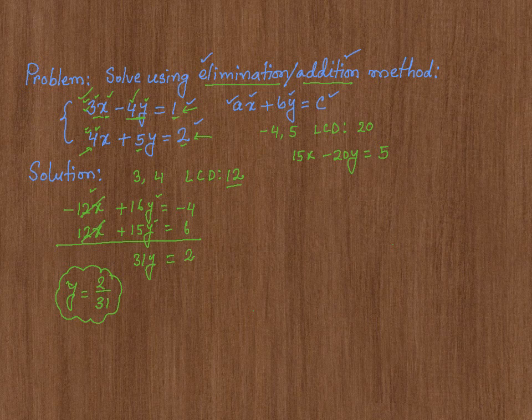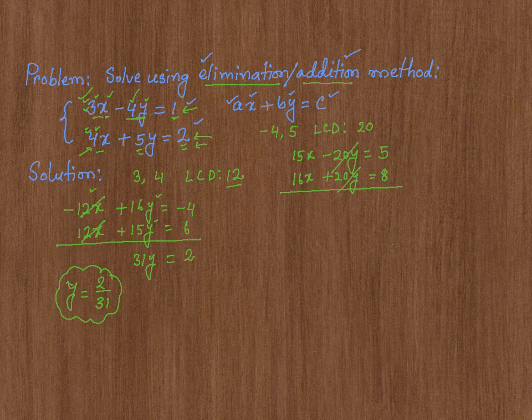Now I'm going to take the second equation and multiply it by 4. So 4 times 4x is 16x, and 4 times 5y is 20y, equal to 4 times 2, which is 8. Now if we add these two equations, negative 20y and positive 20y cancel.